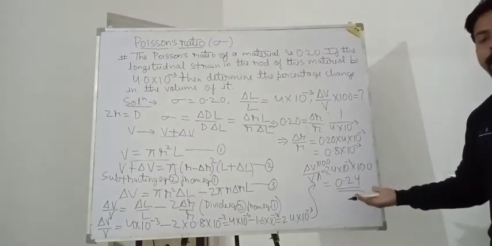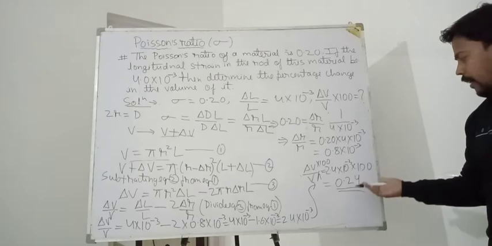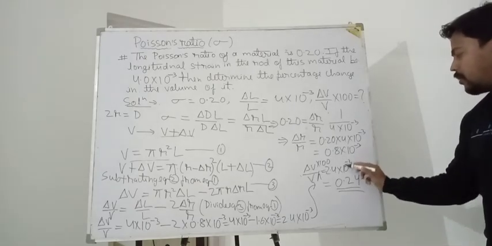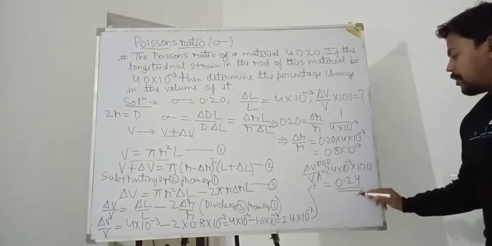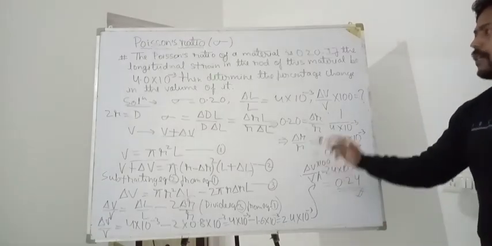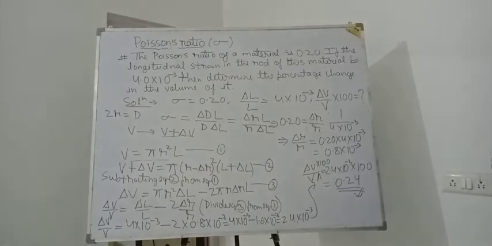Okay, this is simple maths. I am not doing it here, everyone knows. And 10 to the power minus 1 will be multiplied with 2.4 to get this much value. So we have the percentage change in the volume.